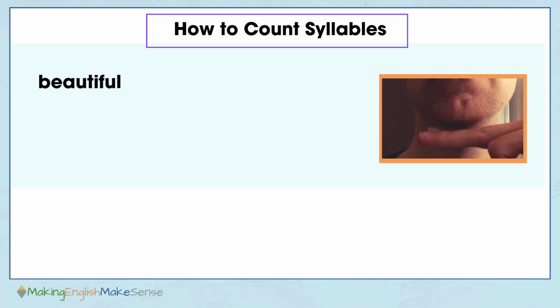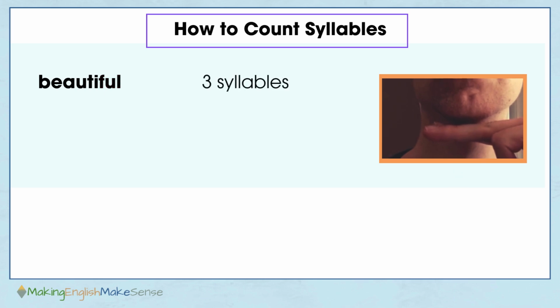Well, we say the word out loud, beautiful, and count how many times our chin touched our fingers. So for beautiful, it touches beau, one, ti, two, ful, three times, which tells us that beautiful has three syllables.